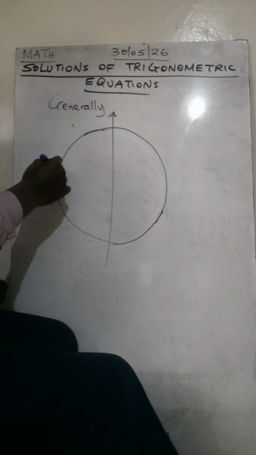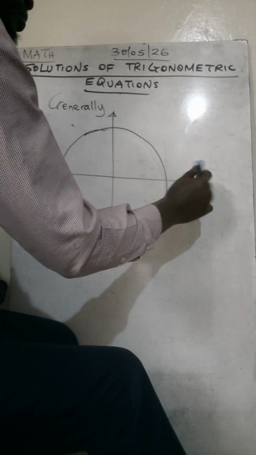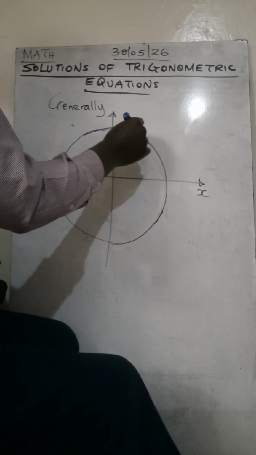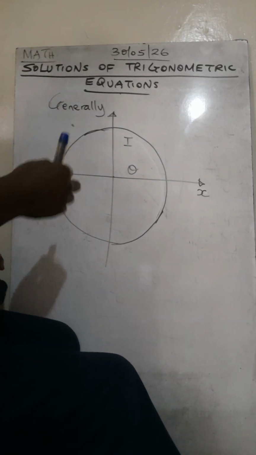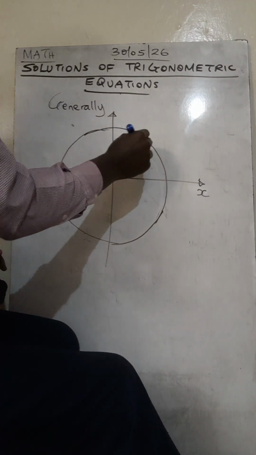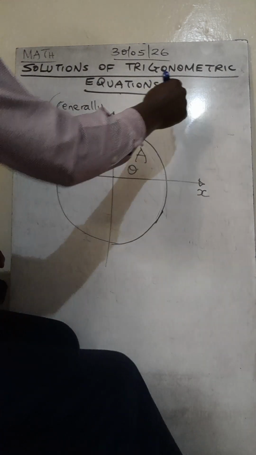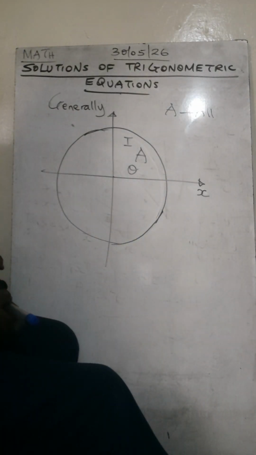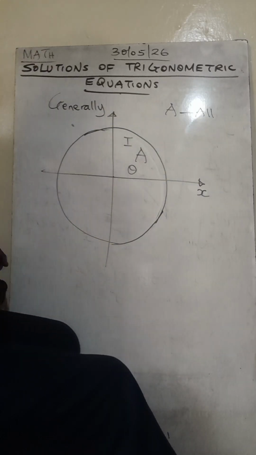Y-axis and x-axis. In the first quadrant, we just have theta here, and we have seen that sine, cosine, and tangent are positive. So here we say all are positive. Letter A stands for all trigonometric ratios. All ratios are positive.